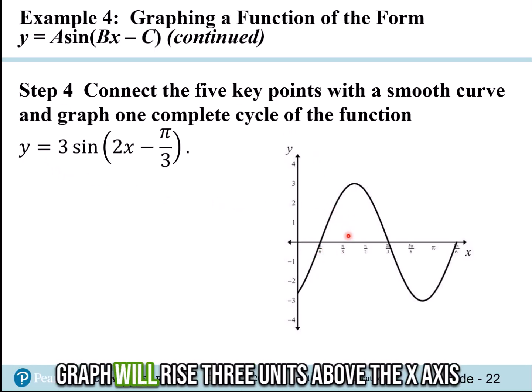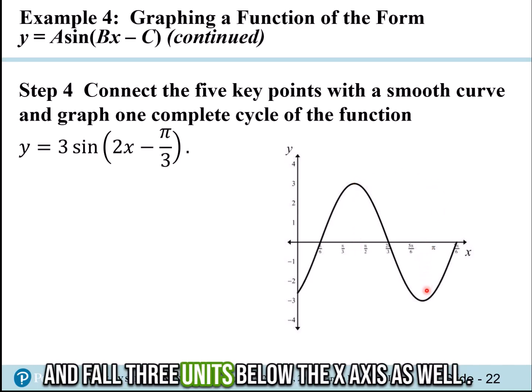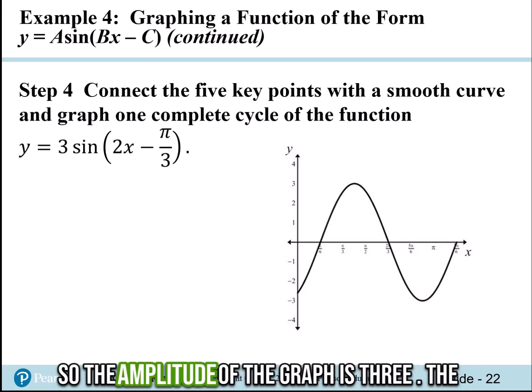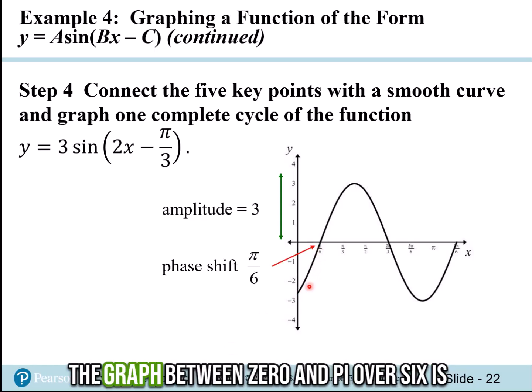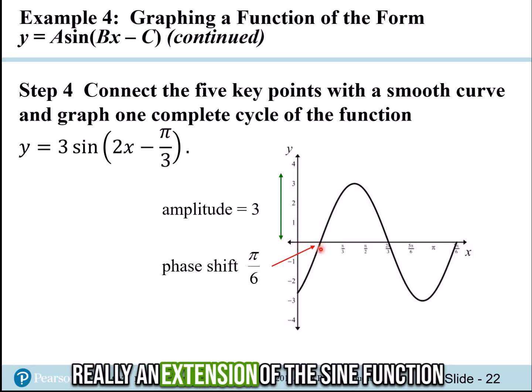Therefore, the graph will rise 3 units above the x-axis and fall 3 units below the x-axis as well. So the amplitude of the graph is 3. The phase shift is pi over 6. Now this section of the graph between 0 and pi over 6 is really an extension of the sine function.